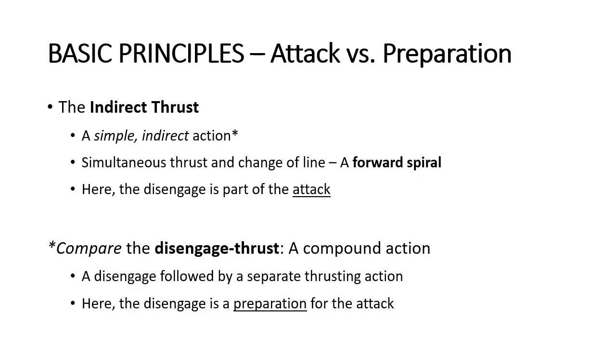Such an action is executed as a forward spiral, and in this case, the disengage is an integral part of the attack. In contrast, the disengage thrust is a compound action, a disengage executed without any forward movement, followed by a separate thrusting action. In this case, the disengage is a mere preparation. It's not part of the attack, which starts when the forward movement of the thrust begins.